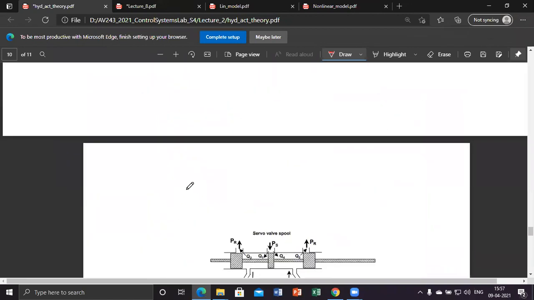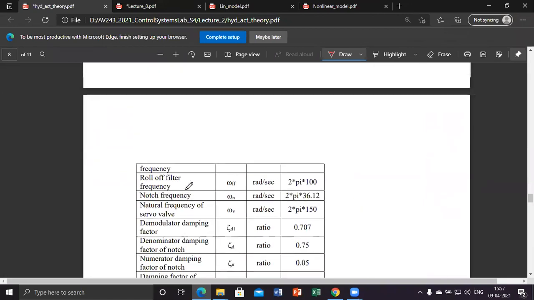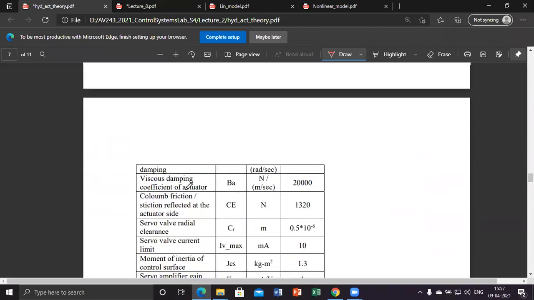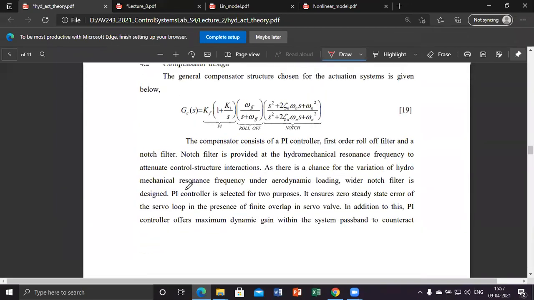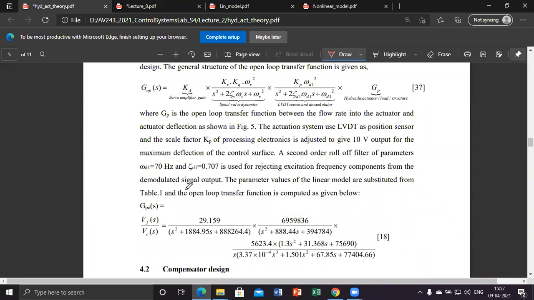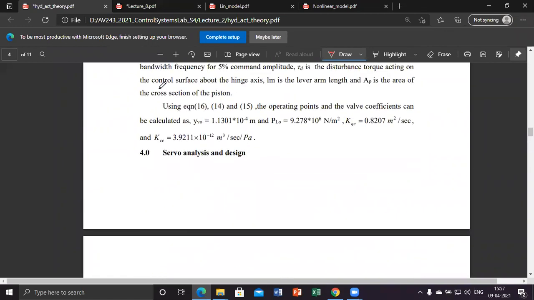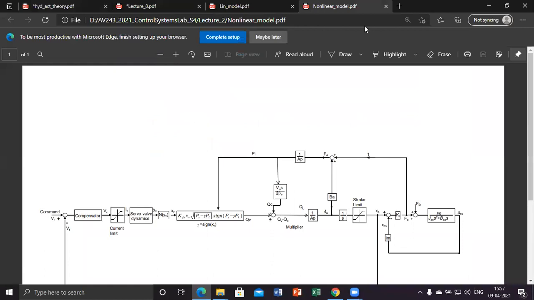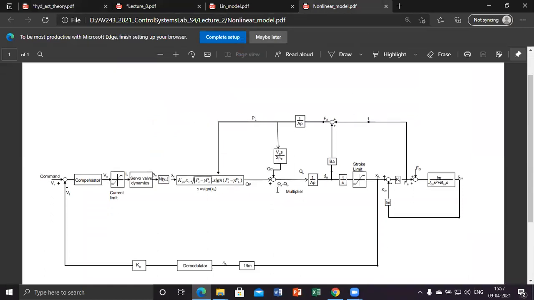So this is the diagram part of that. Already the theory portions. Okay, before going into that, I will come to that other portions also. The nonlinear mathematical model.